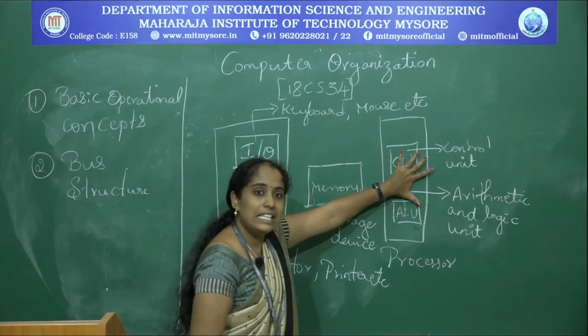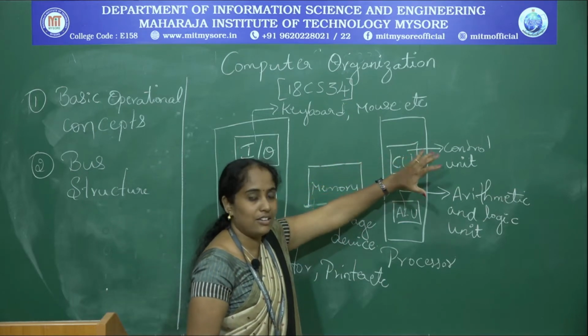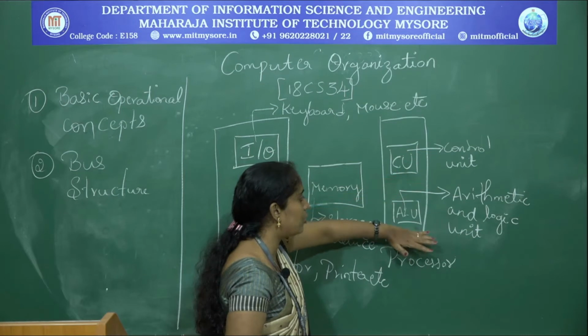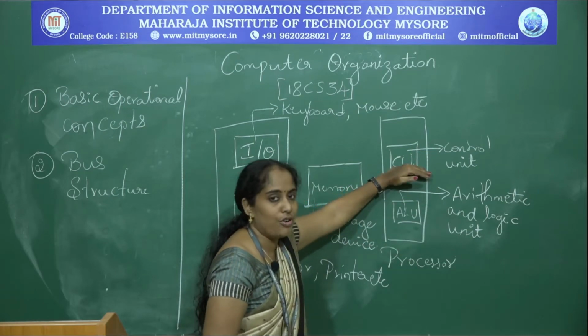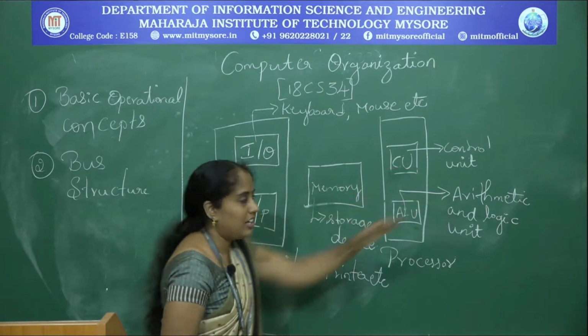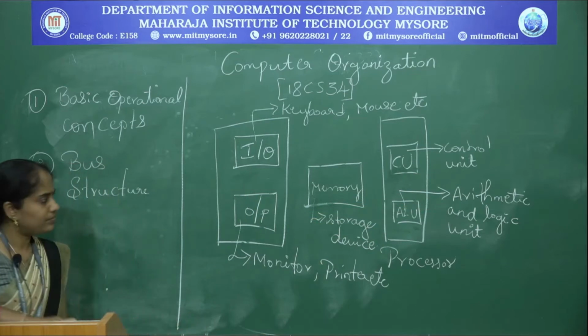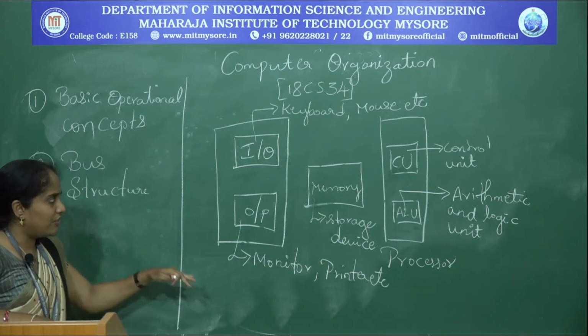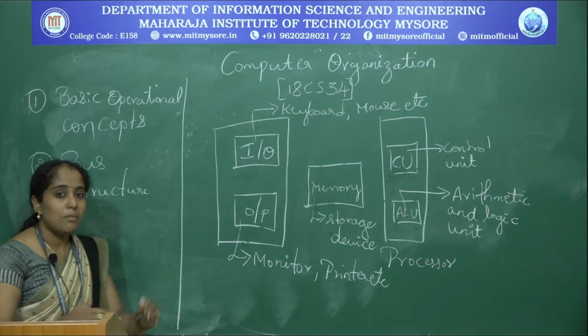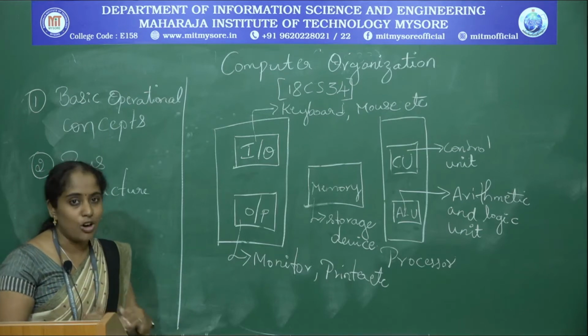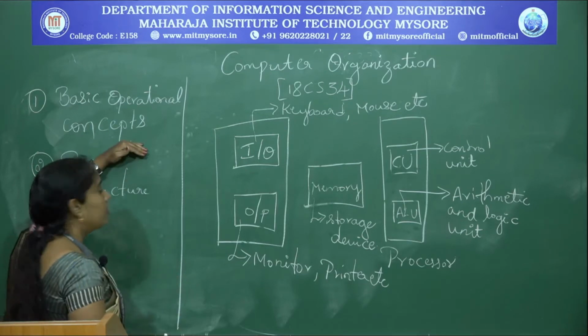In the next 2 modules we will discuss the ALU operations and the control unit operations. In the first module we will discuss the basic operational concept, that is your first topic.